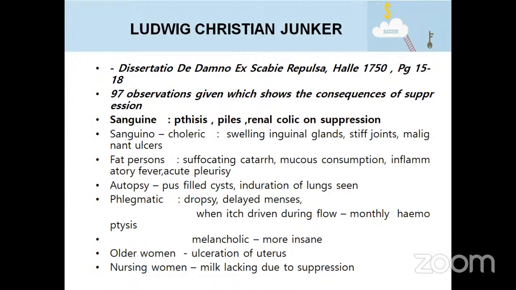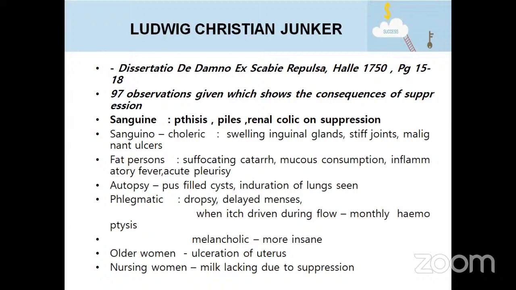Ludwig Christian Junker, apart from Hahnemann, was the person who found that suppression has many consequences, and he gave 97 observations. In a sanguine person, there will be phthisis, piles, or renal colic on suppression. In a choleric person, there is swelling of the inguinal glands, stiff joints, or malignant ulcers when a skin eruption is suppressed.